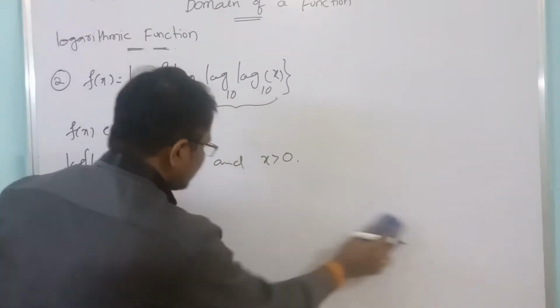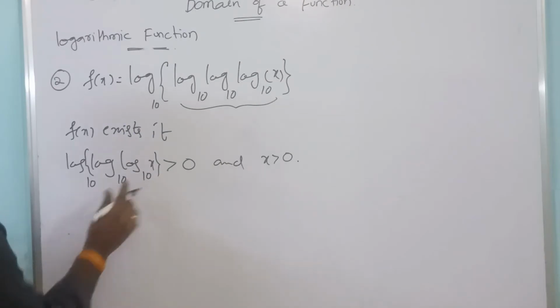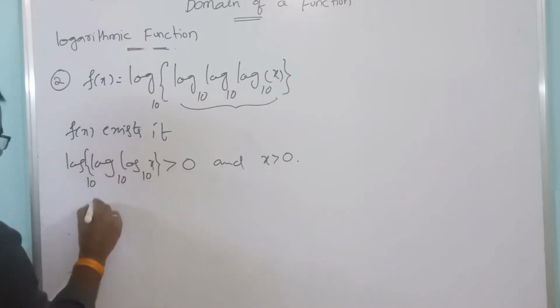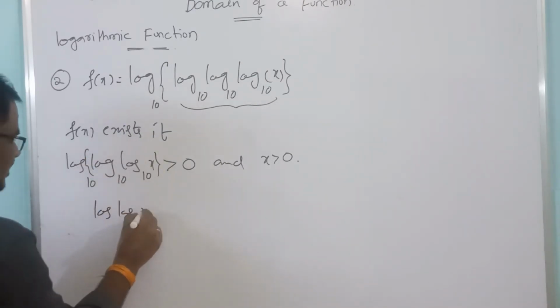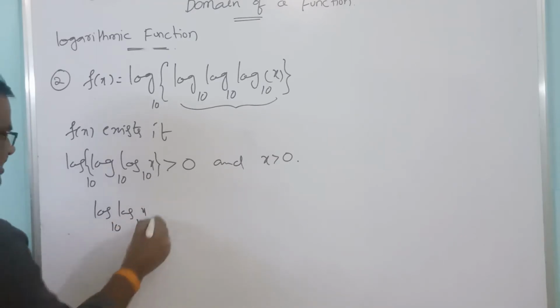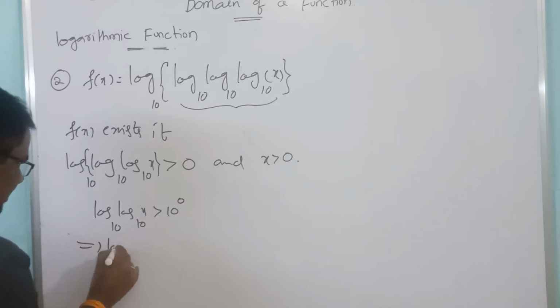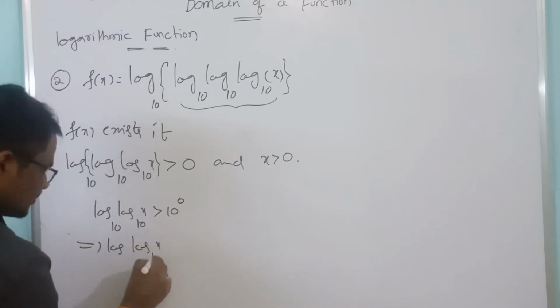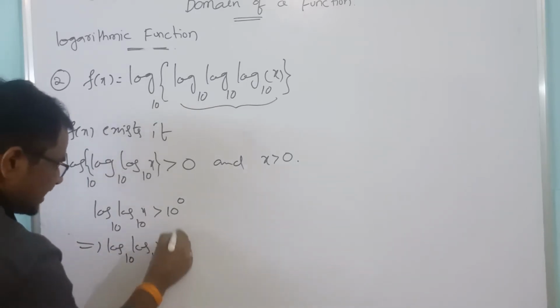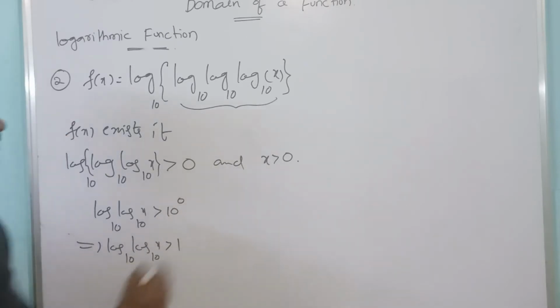So that's why. And now how to write by that one? If you treat this as x, log x to the base 10, here also to the base 10, greater than 10 to the power of 0, which is 1.